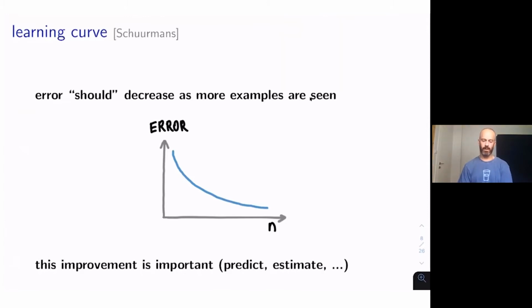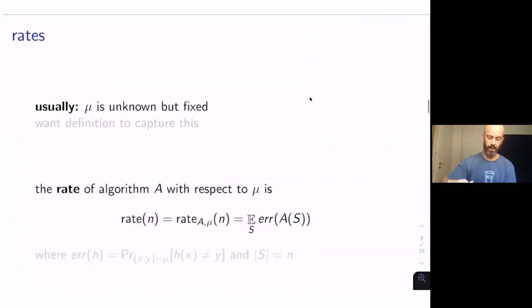And now, going back to mathematics, we want the definition to capture this idea. The way we try to do this is like this. When you run a machine learning algorithm in the real world, the distribution mu is fixed. It is unknown, but it doesn't change as more and more samples are gathered. Nature determines it, and now we can increase n, the sample size.